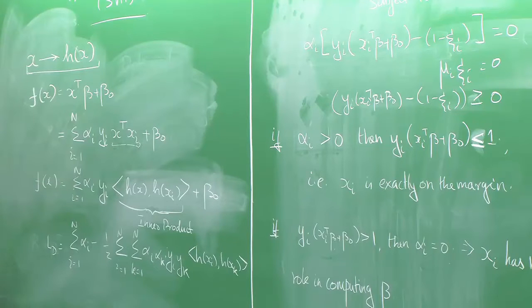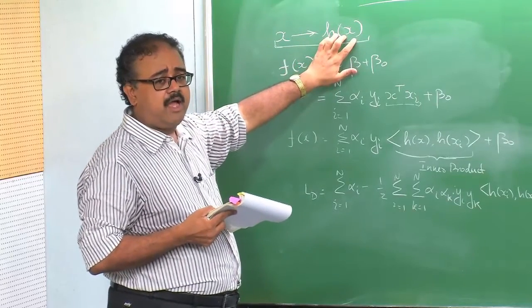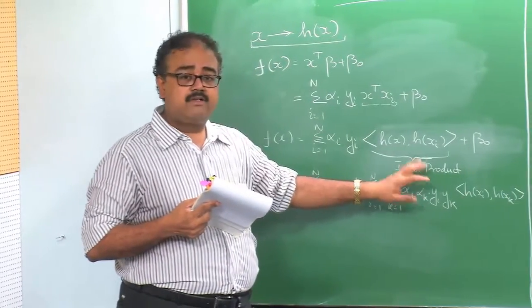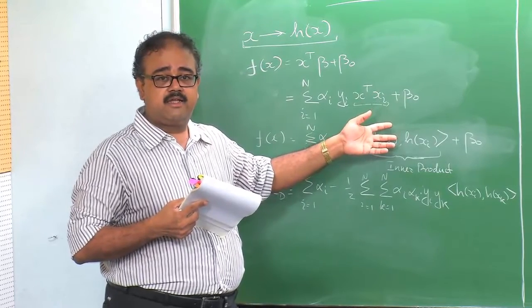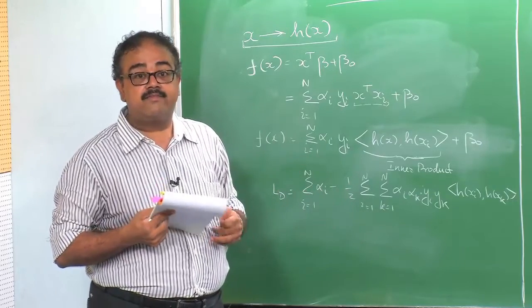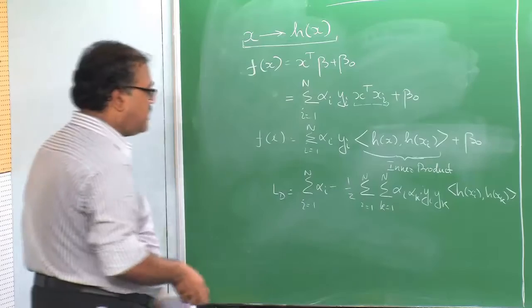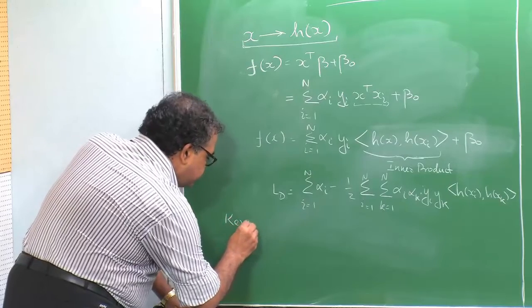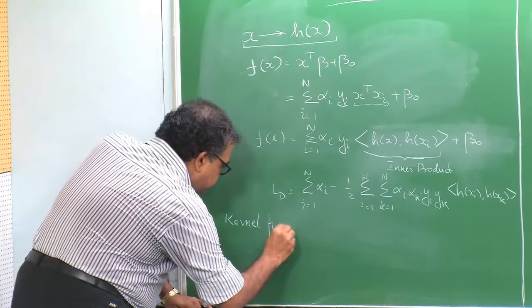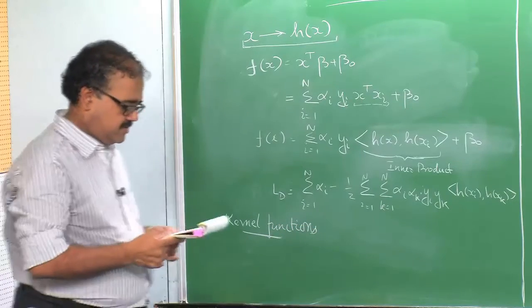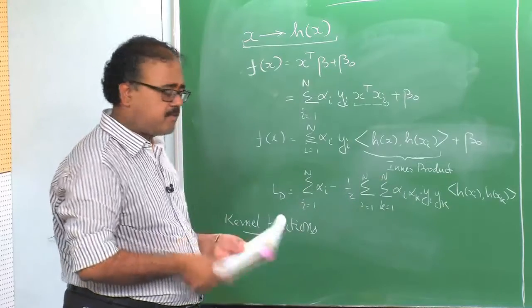So, if you stop and think about it, it essentially tells you that I really do not need to know h of x. If I have an efficient way of computing the inner product of the transform function, I really do not need to know what the actual transformation itself is. So, there is a class of functions which I am going to call kernel functions, which allow you to compute this inner product efficiently.